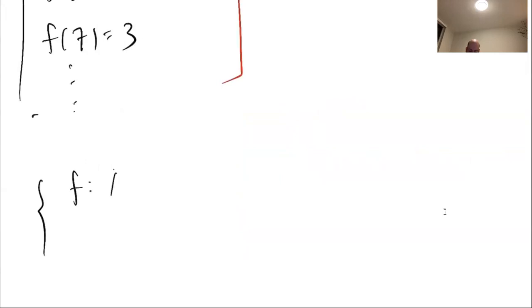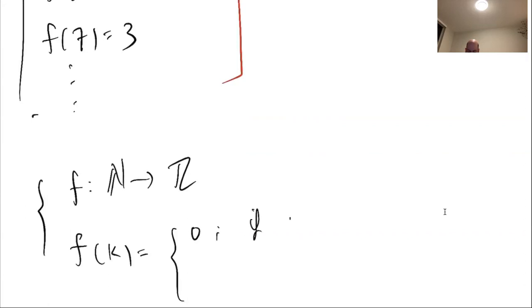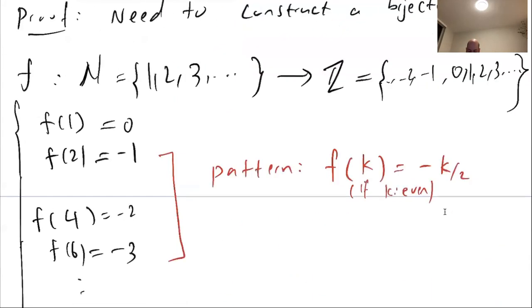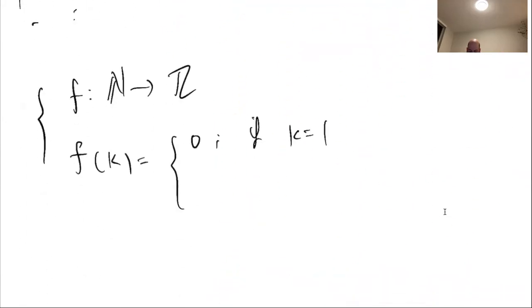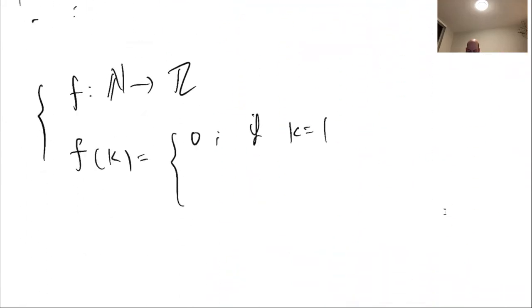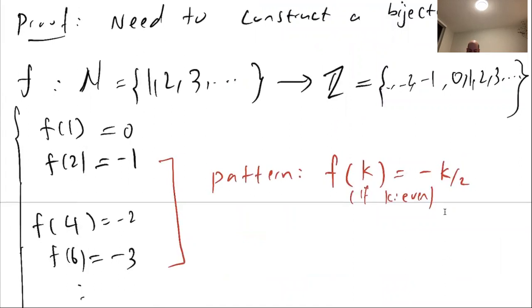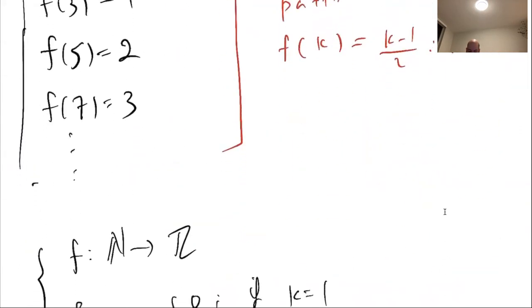So f is from N to Z, and f of k is equal to 0 if k is 1. Remember, the first element in the codomain is covered by the first element in the domain. F of 1 is 0. And minus k over 2 if k is even. Remember, 2 goes to -1, 4 goes to -2, and so on.